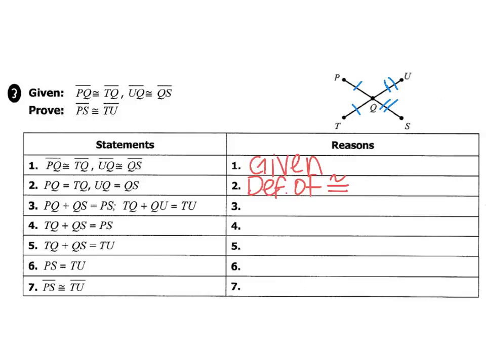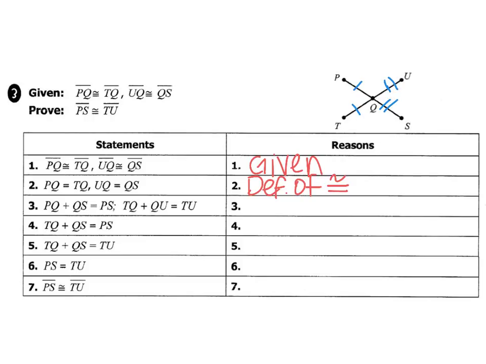Then statement number 3. It doesn't really utilize the statements up here. We're not saying anything about statements 1 or 2 and how they relate to 3. So the next thing we want to do is look at our diagram and see if it relates. PQ plus QS equals PS, and TQ plus QU equals TU.